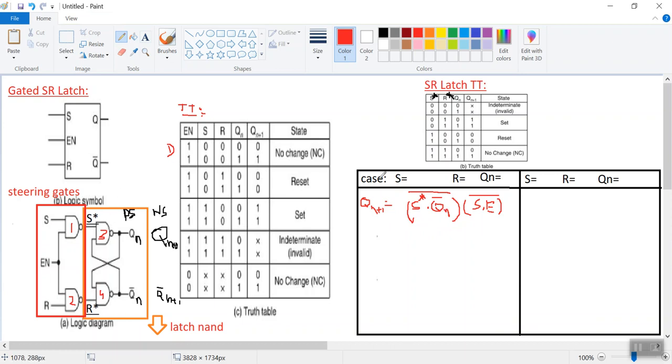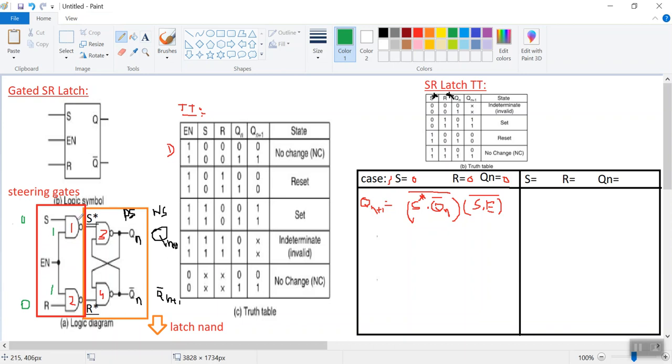So let us consider our first case, case 1: S is equal to 0, R is equal to 0, and Qn is also equal to 0. I am explaining directly. When S is equal to 0 and R is equal to 0, and enable is always equal to 1, we don't want to change this input.